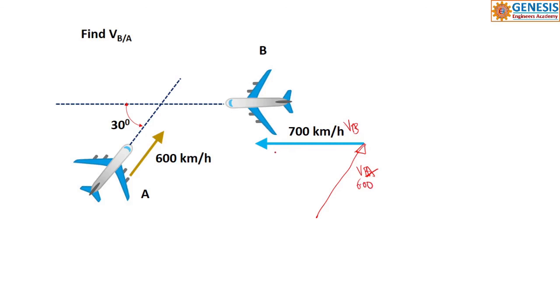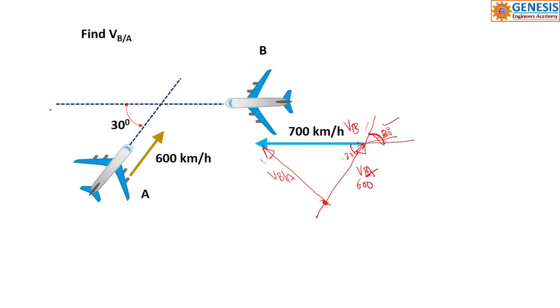He is asking about VBA, so VBA is towards B. So what is the angle between these two? This he has given as 30. So the angle between them is 30. Got my point? So you can also calculate like that.